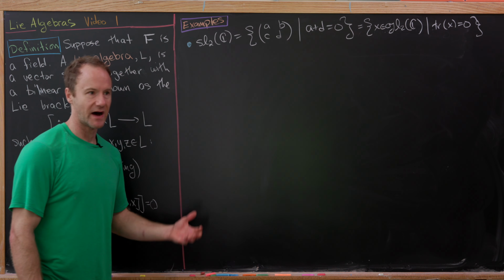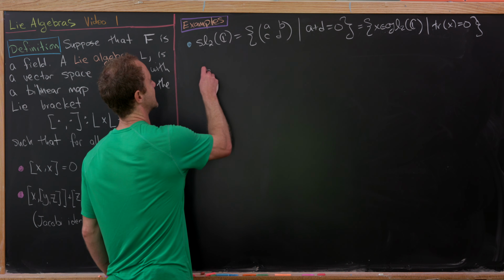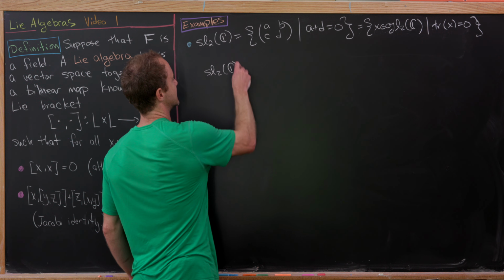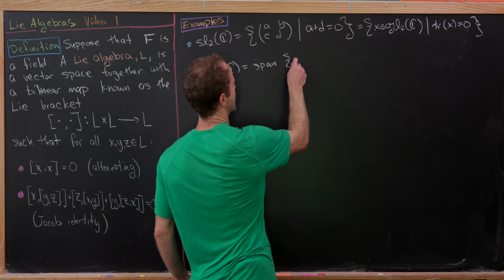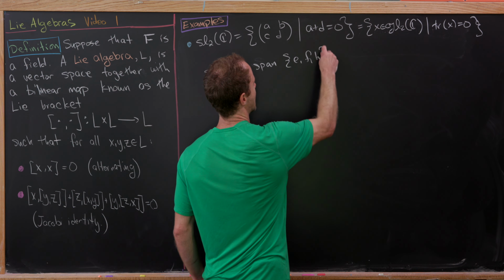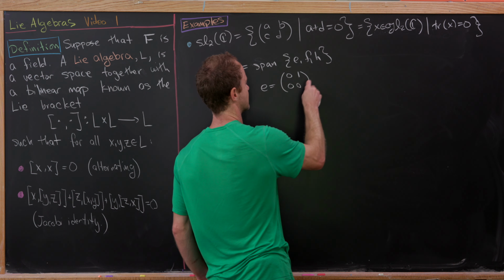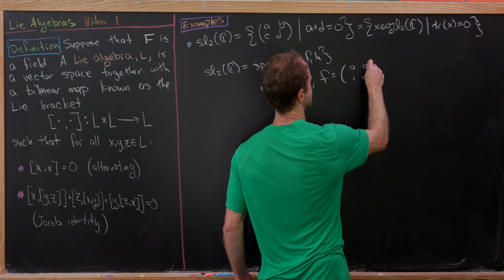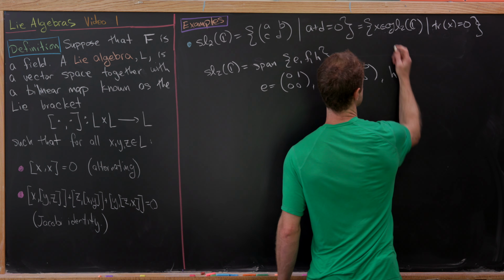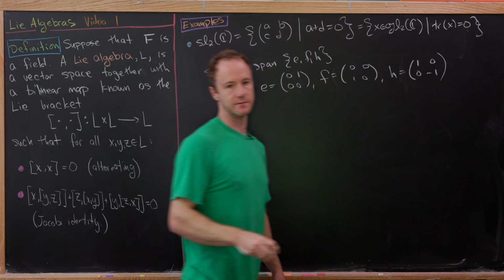Okay, so by standard linear algebra techniques, we can see that SL2C has the following basis. So I'll say that it's spanned by E, F, and H, where E is the matrix 0, 1, 0, 0, F is the matrix 0, 0, 1, 0, and H is the matrix 1, 0, 0, negative 1.